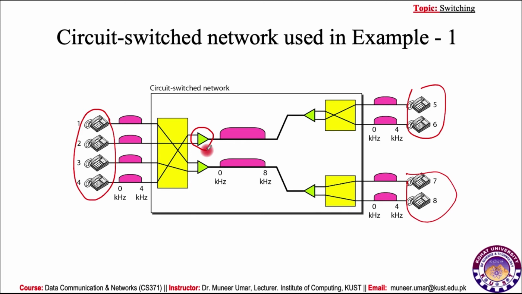The technique is frequency division multiplexing, and two channels are multiplexed, meaning that the multiplexers can take two inputs. Each one is taking two inputs, 4 kilohertz plus 4 kilohertz, and the output would be 8 kilohertz.